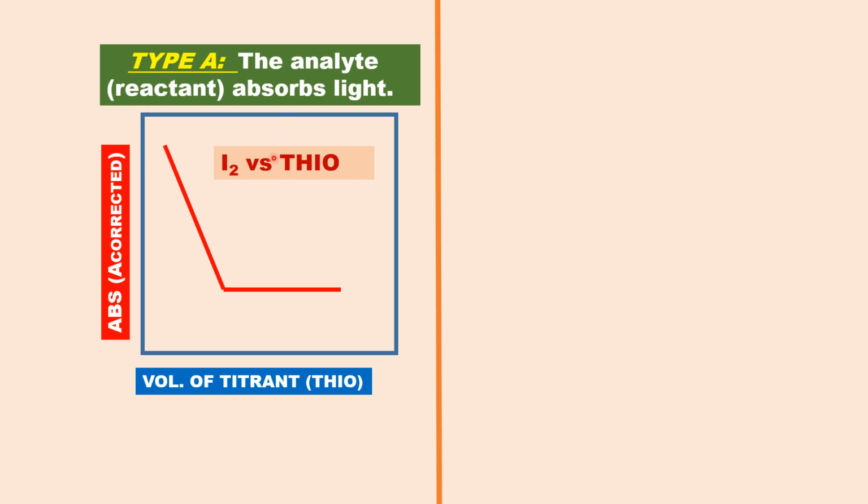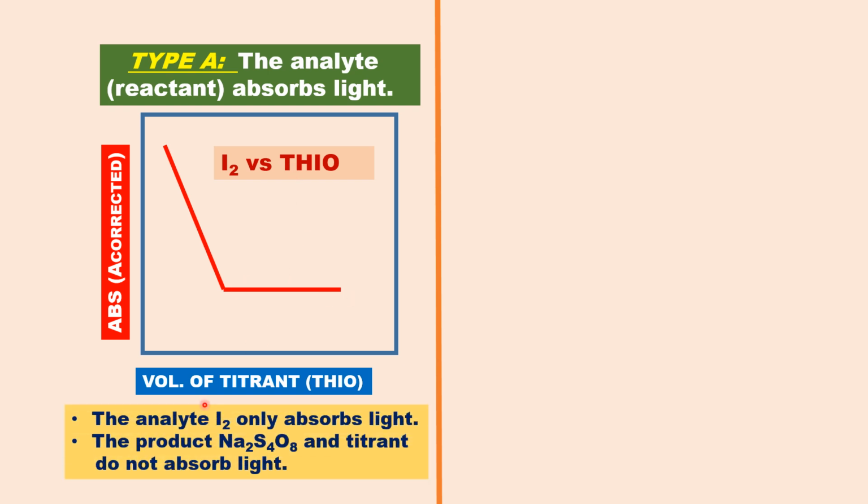As titrant thio is added, what happens? Iodine is consumed, therefore the color decreases, and at the end point the color disappears. After the end point, thio does not absorb. So in this case, the analyte only absorbs light. Either product or titrant, they do not absorb light.